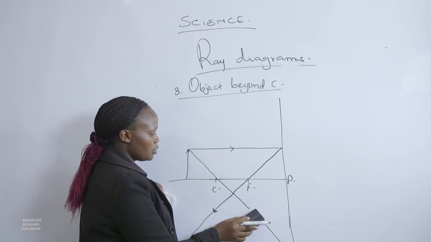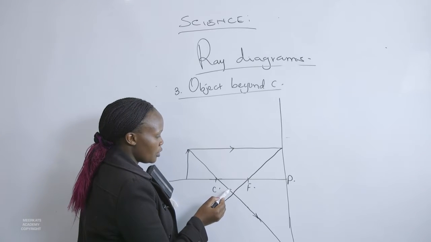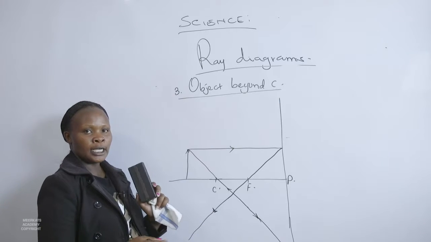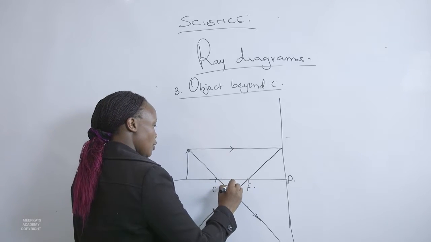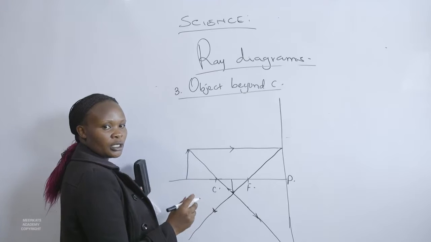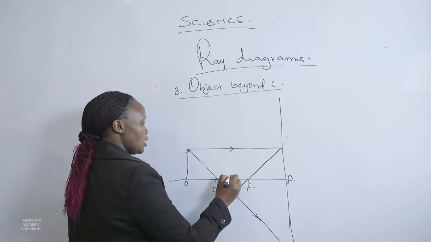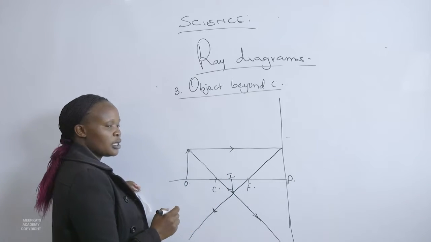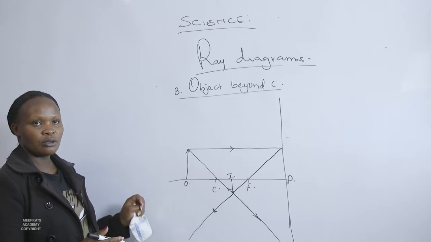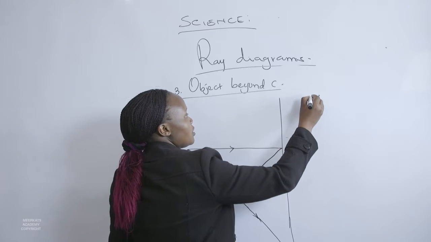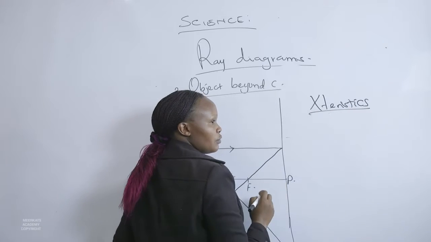This ray is actually reflected along the same path, so that we are going to have something like that. Now, when it is reflected like that, this one forms the tip of our object. That's the tip of our image. So that now, if this was the object, this one becomes the image. Then, after drawing that, we can go ahead and come up with characteristics of this image of ours.